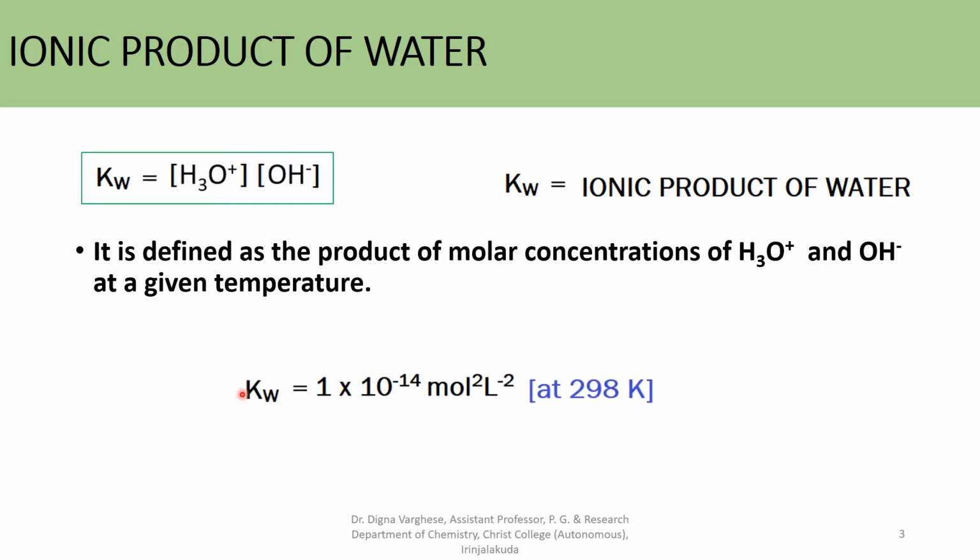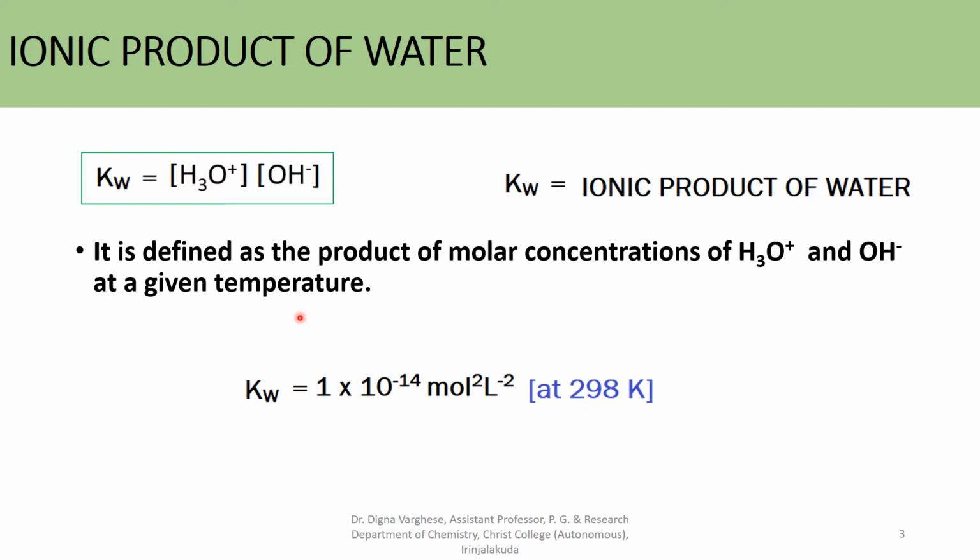Kw has the value of 1 x 10^-14 mol^2 per liter^2, that is, 1 x 10^-14 M^2 at 298 Kelvin. The definition itself says that it is defined as the product of the molar concentration of hydronium ion and OH- at a given temperature.